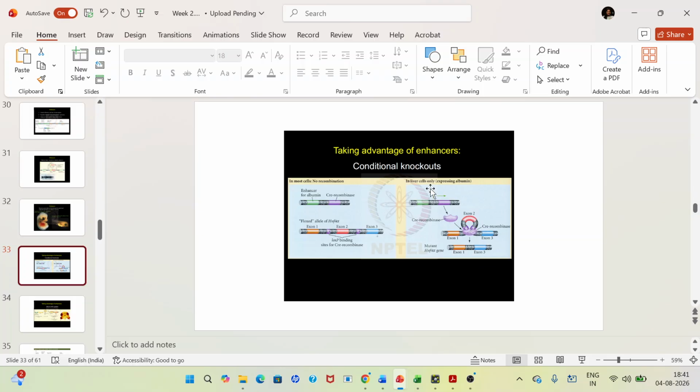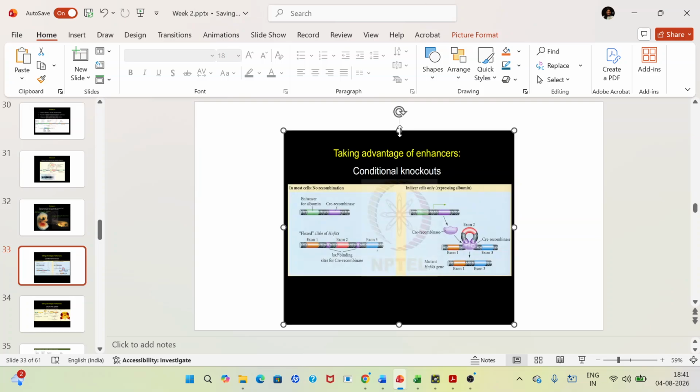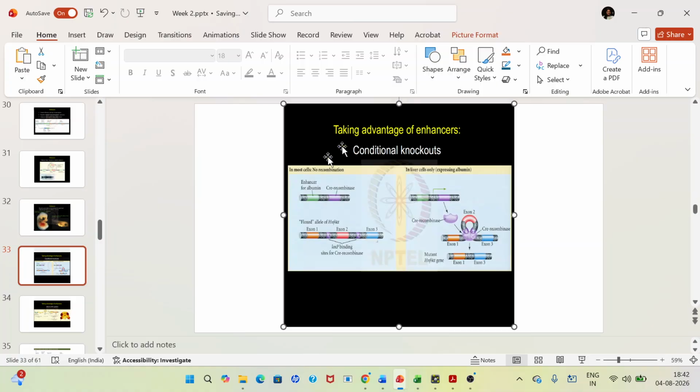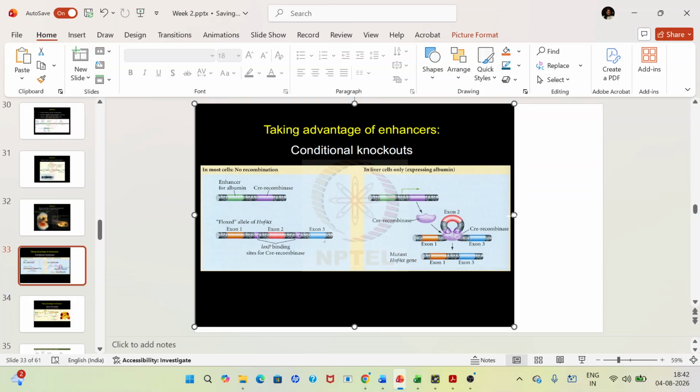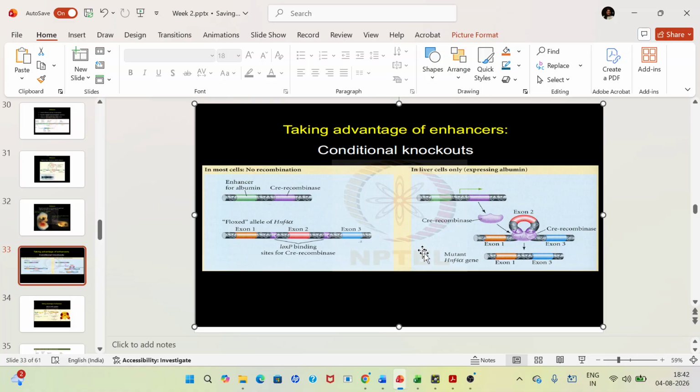So sometimes conditional knockouts are also made to understand this. Just a moment, I should enlarge this. I doubt you'll be able to see this otherwise. So conditional knockouts are also made in some cases. Generally, recombination is not a random process, but if we want to make conditional knockouts of certain genes, then this recombination is the one which helps.